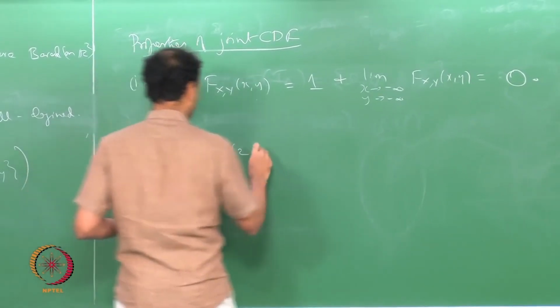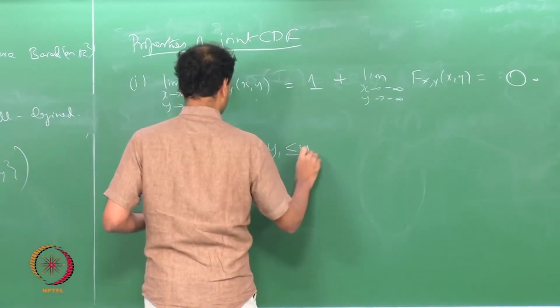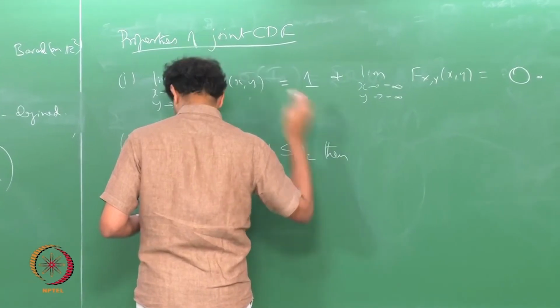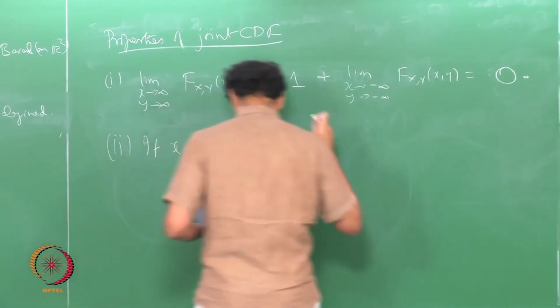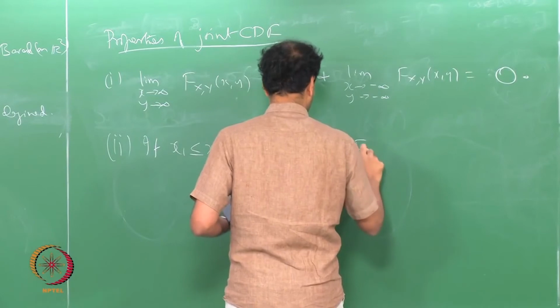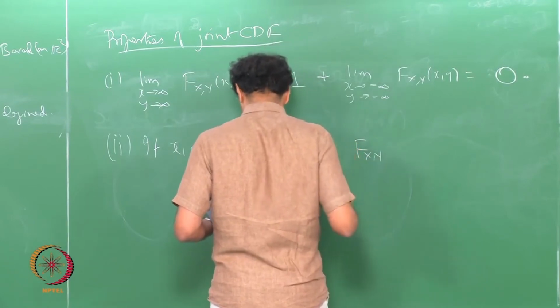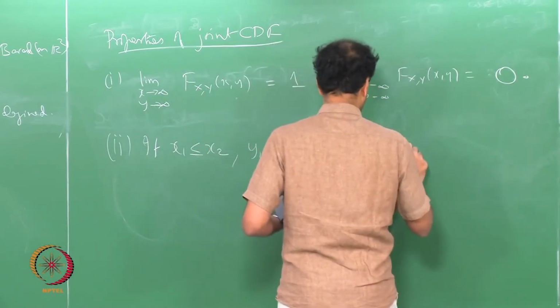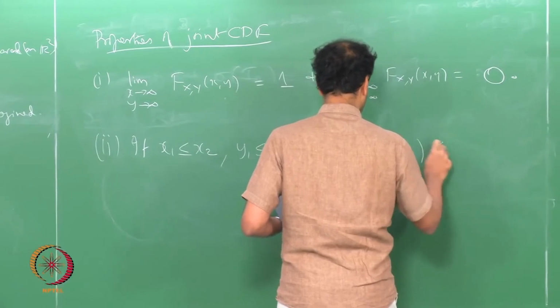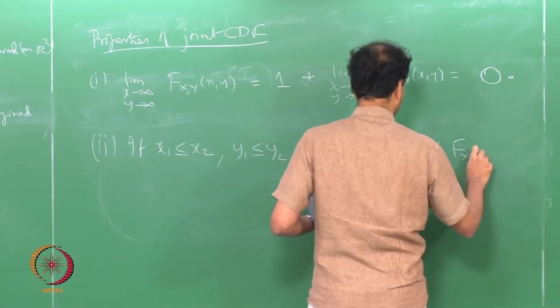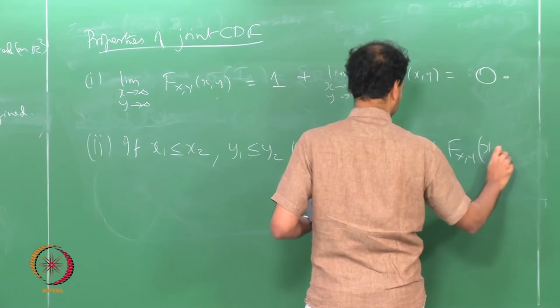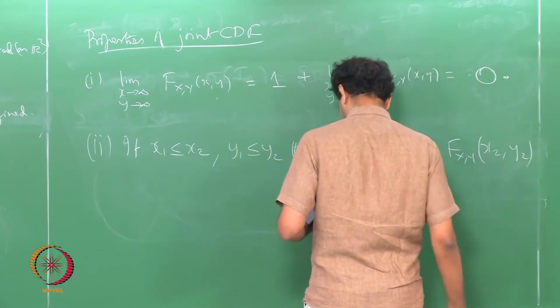Then you have monotonicity. F_XY of little x1, little y1 is less than or equal to F_XY of little x2, little y2, when x1 is at most x2 and y1 is at most y2.